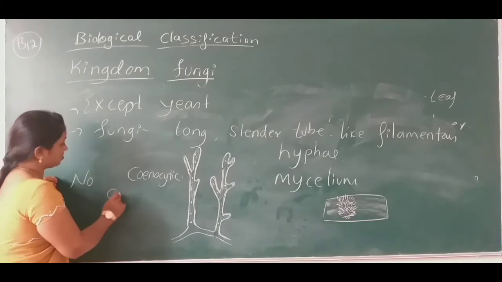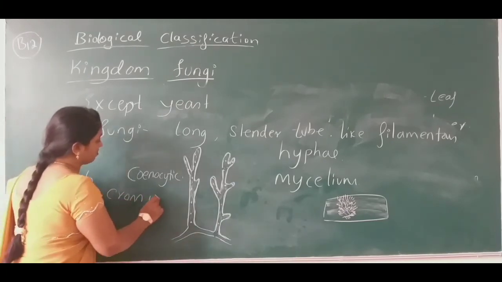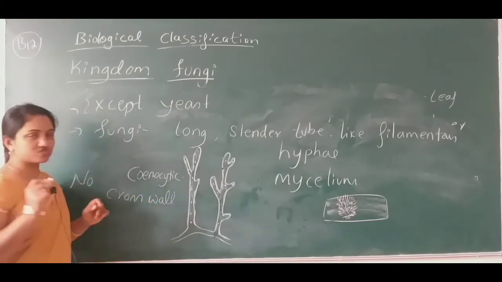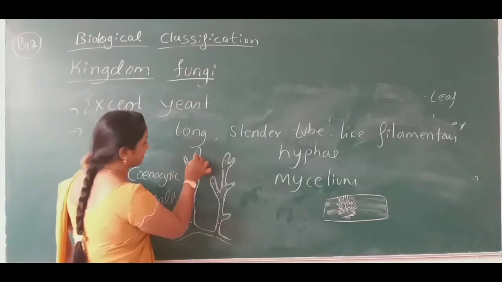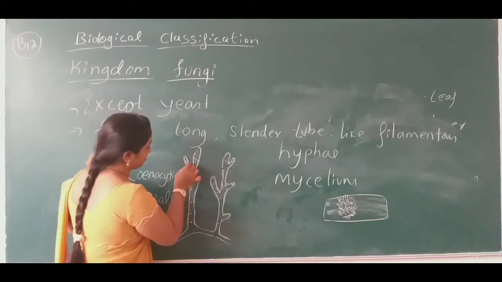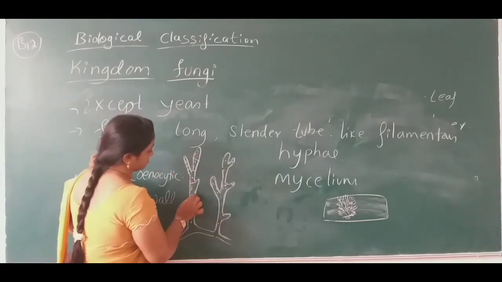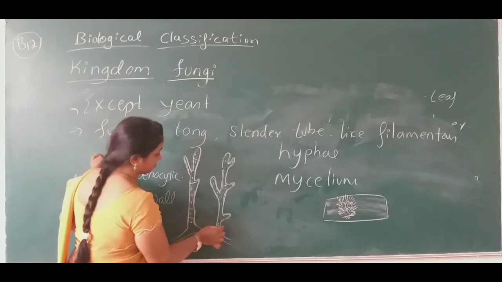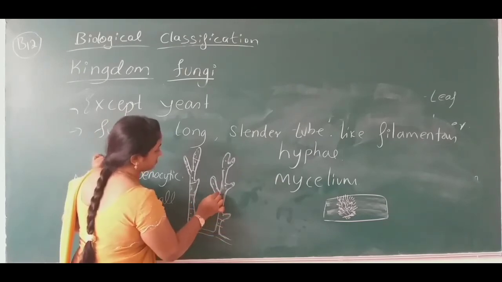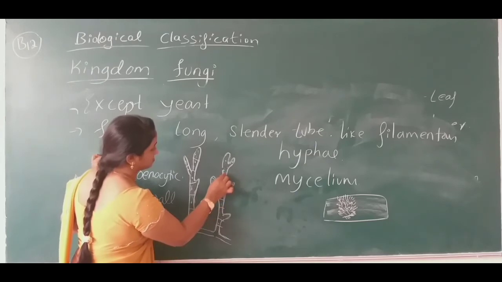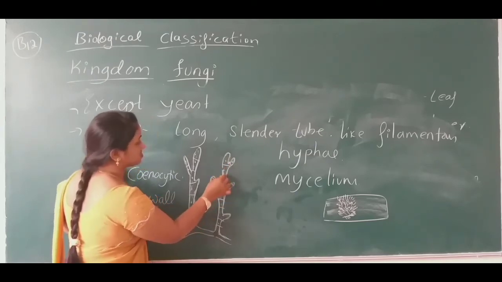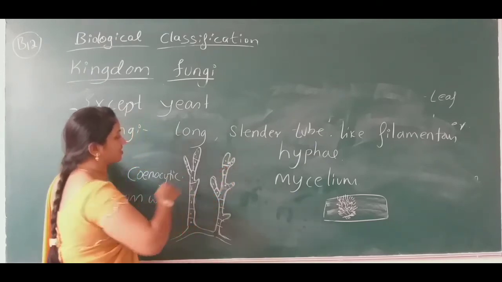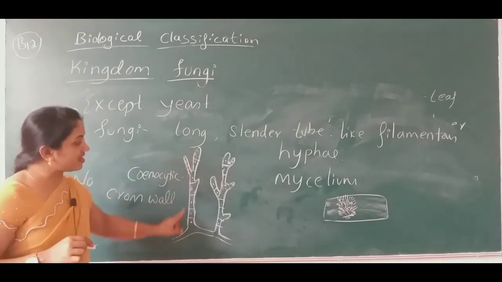Where would the cross wall be? The cross wall will be here itself, like this. You have to call this a cross wall in the hyphae.